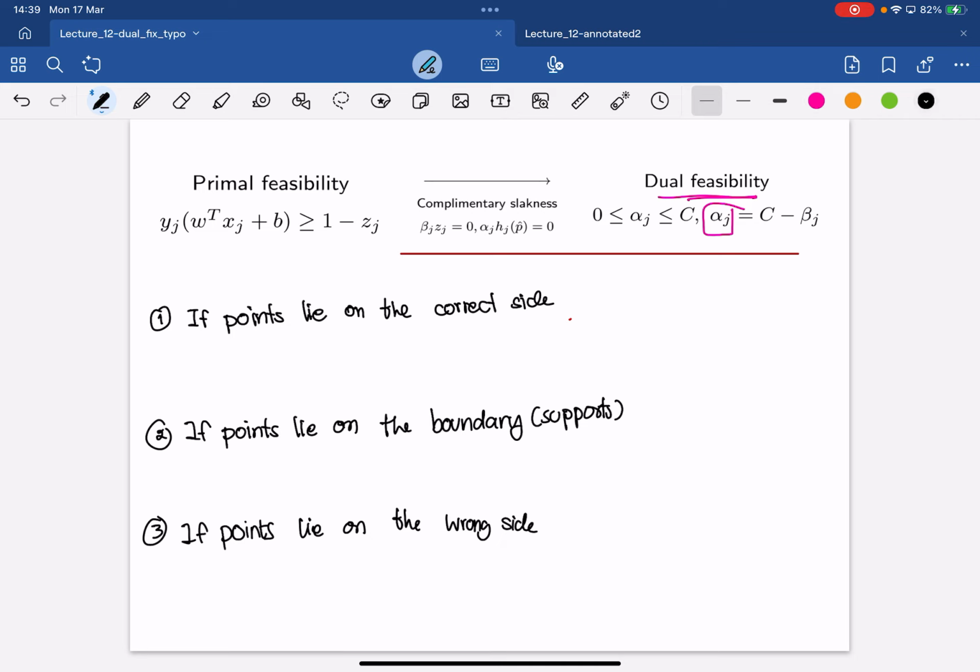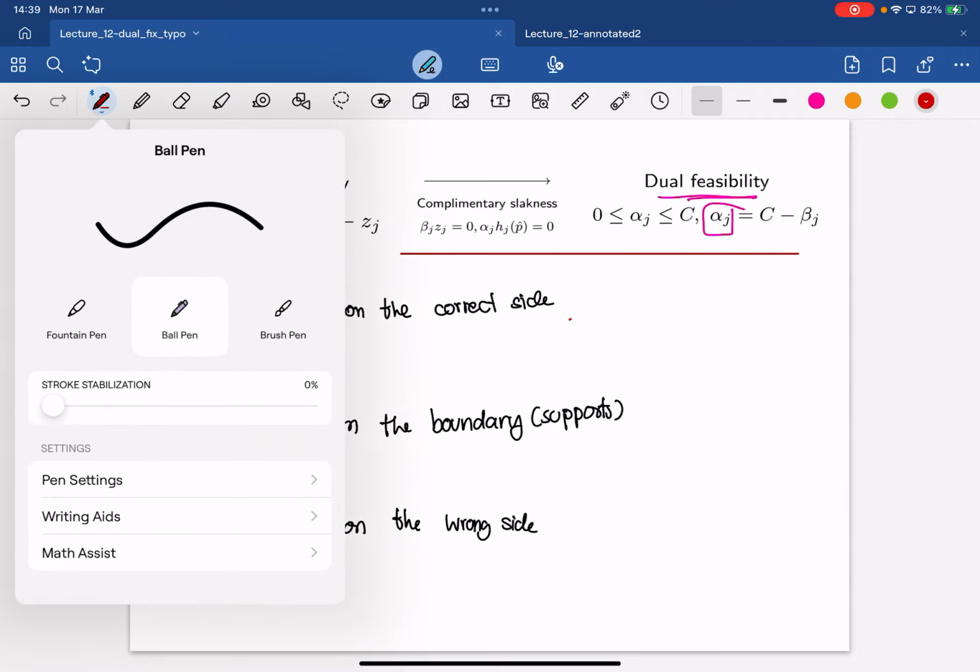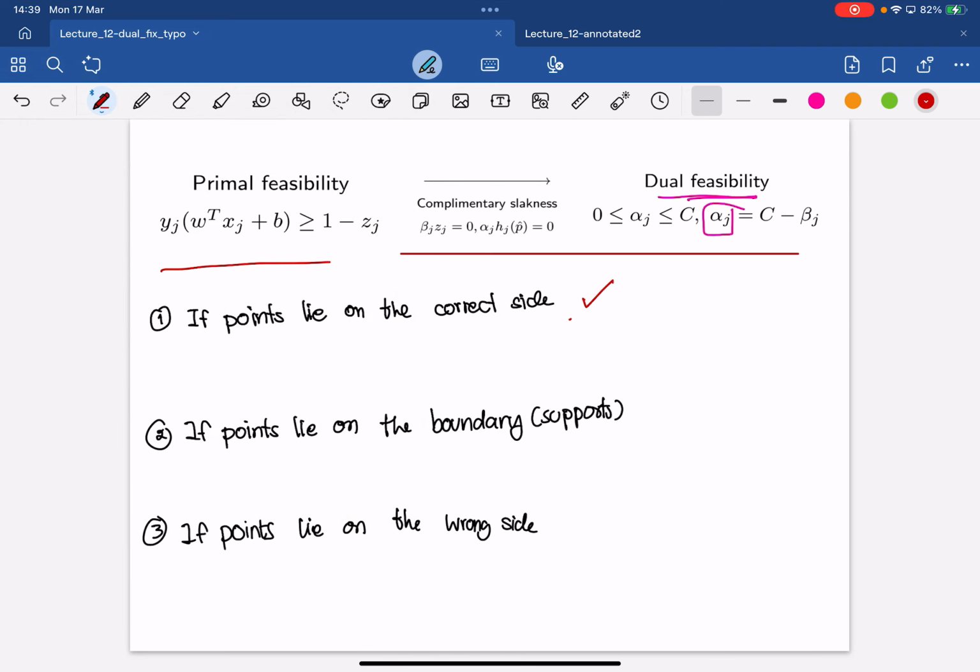So first of all, let us recap a little bit about SVM. There are points in SVM that are on the correct side. That means this point will have xi j equal to 0, right? No slack variable because it's mapped to the correct side.